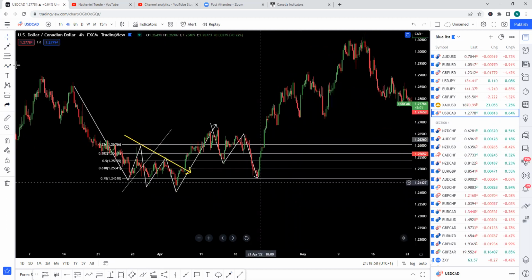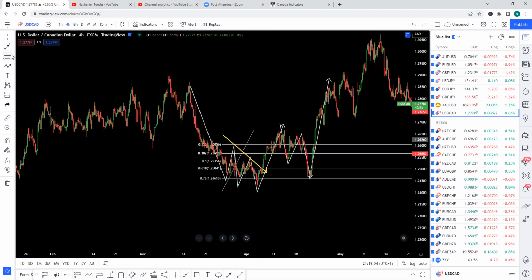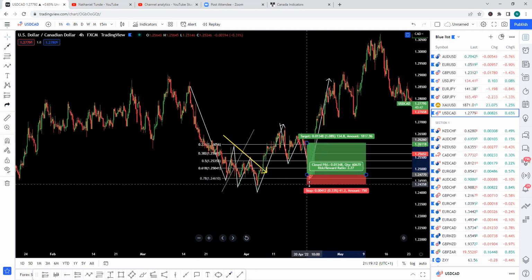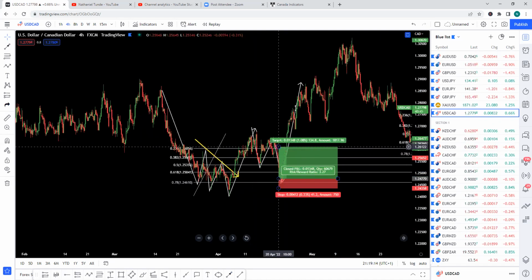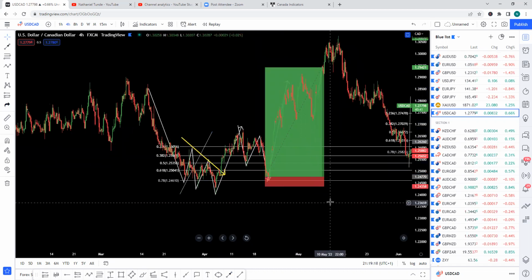Every zigzag correction must come to 78. As simple as that. And what do I do in that case? I just put it here, once it comes to 78, just a little bit below that 78.